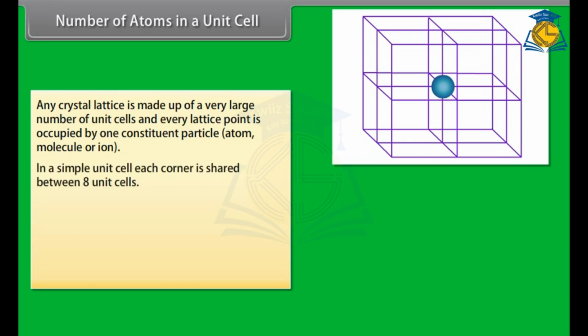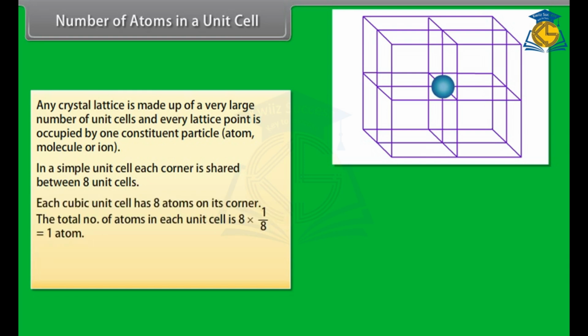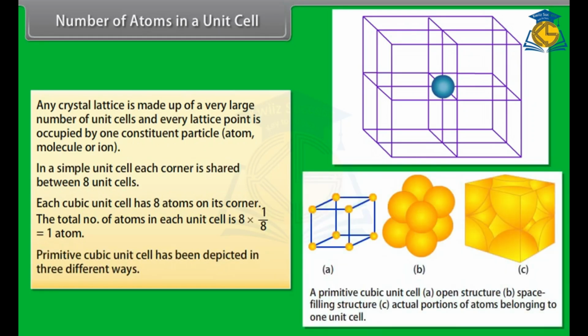In a simple unit cell, each corner is shared between 8 unit cells. Each cubic unit cell has 8 atoms on its corners. The total number of atoms in each unit cell is 8 into 1 upon 8, which is equal to 1 atom.